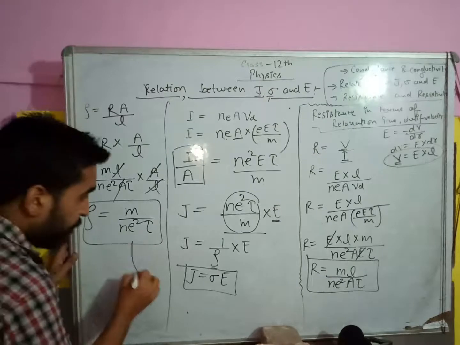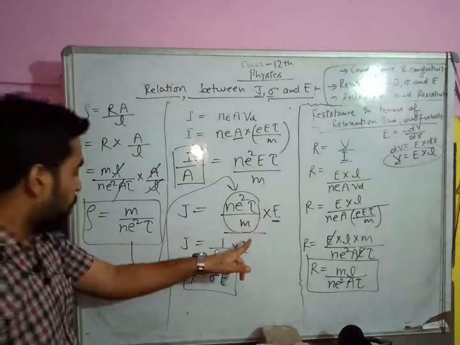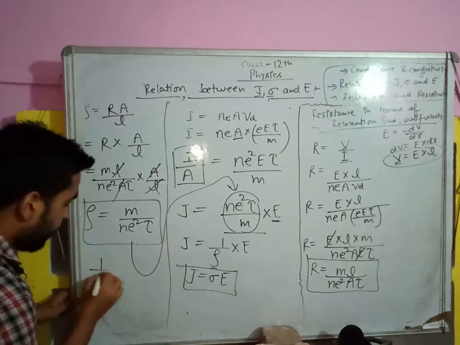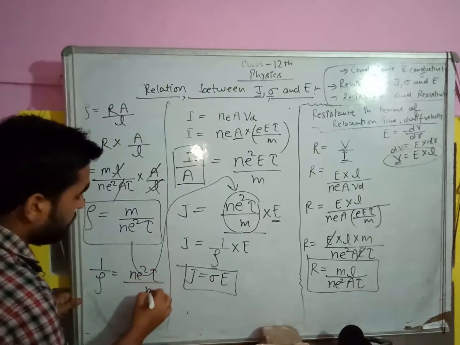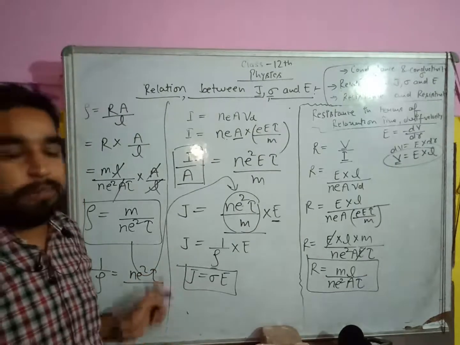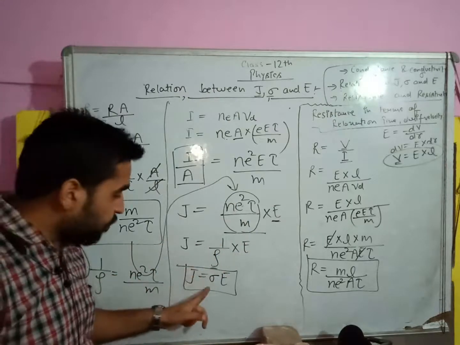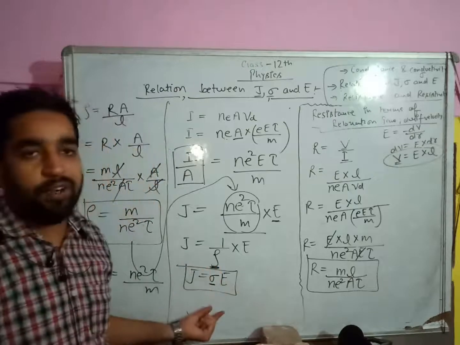And now if you correlate this here, nE²τ upon m, and there m upon nE²τ, you can well understand that this is the reciprocal of resistivity. That is why here I have written the reciprocal of resistivity, and I substituted it, because we know the reciprocal of resistivity is known as conductivity, denoted by σ.